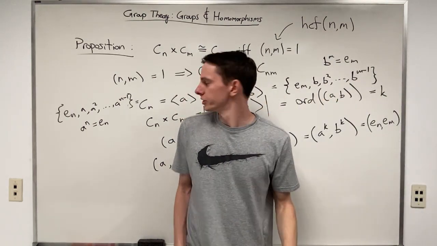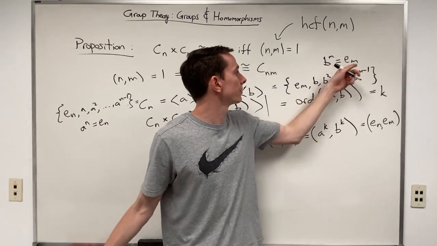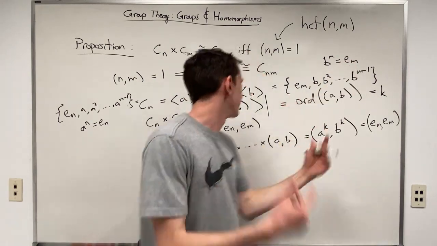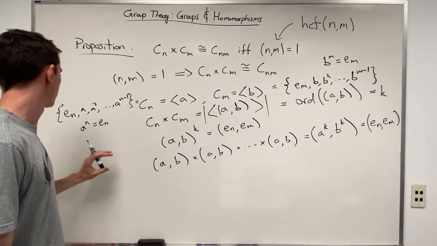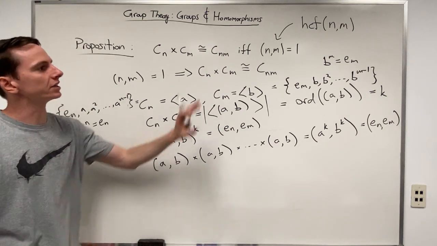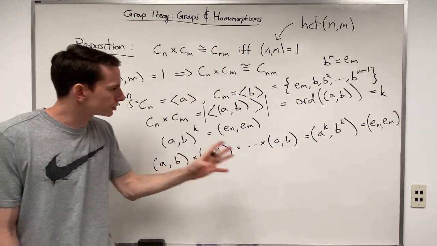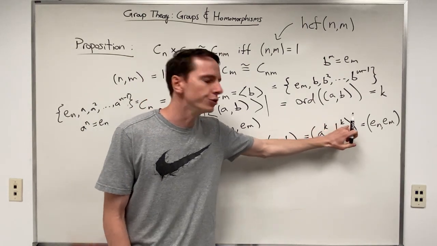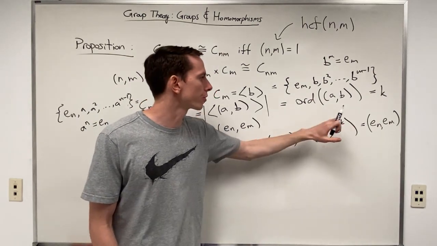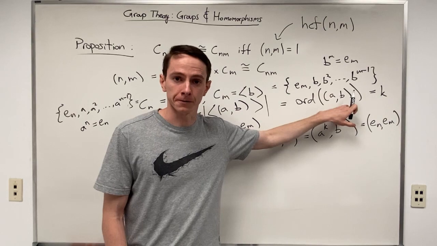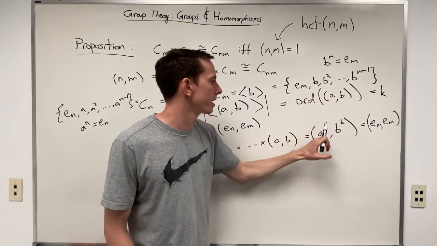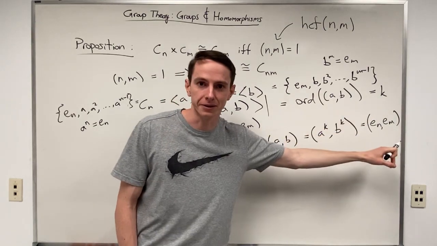Okay? So if we know this has to be true and we know that this has to be true, then inherently we see that raise it to the n, we get the identity, raise it to the m, we get the identity. We also see now that we're raising it to some new number k, the order of this generator. If we raise the ordered pair to the k, we also get the identity.